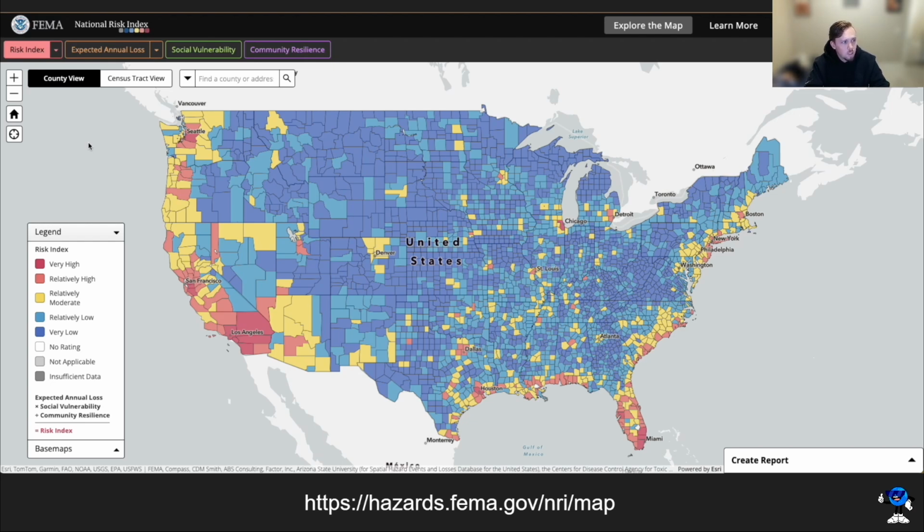Social vulnerability is the susceptibility of social groups to the adverse impacts of natural hazards, including disproportionate death, injury, loss, or disruption of livelihood.